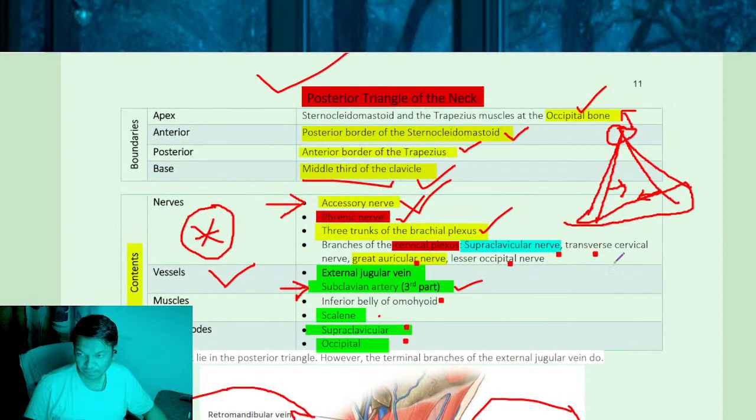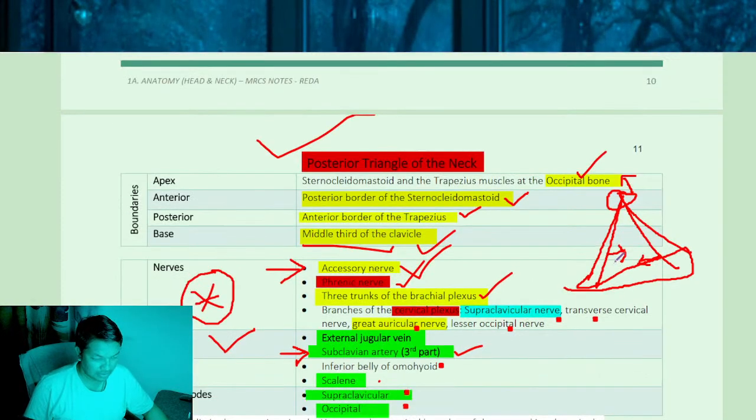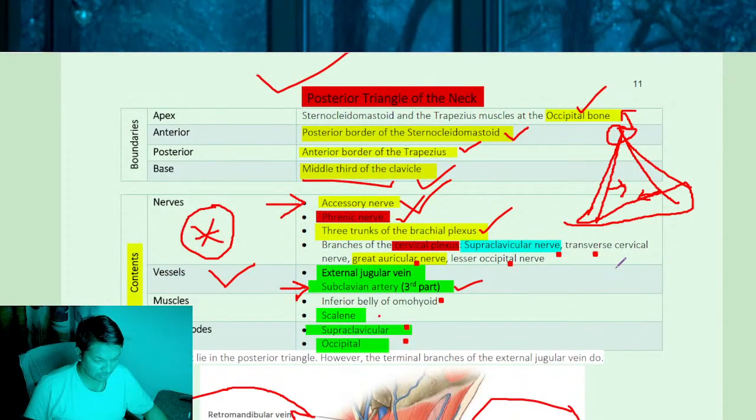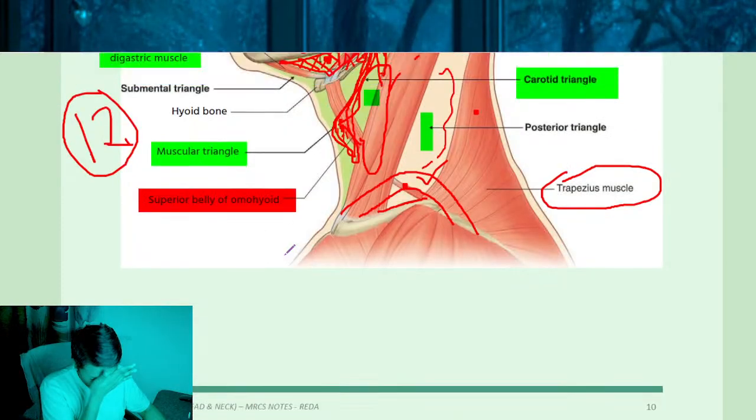Are we going to have a lecture tomorrow as well? Yes, we will discuss head and neck. It will take 3 days. No need to rush, because if we understand the lecture properly, MRCS will be easy.